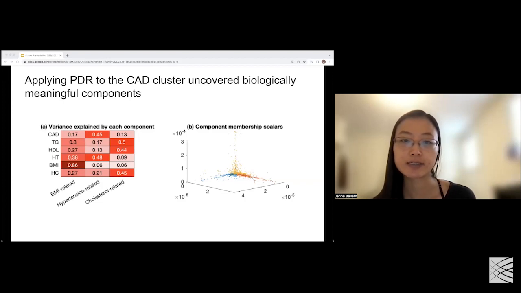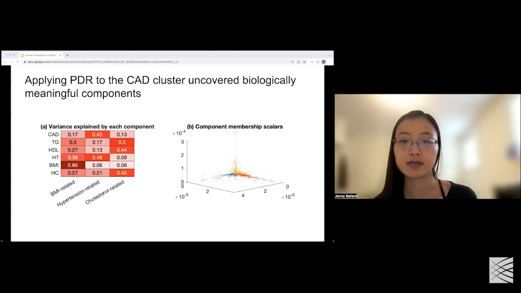The BMI-related SNPs explained a large proportion of BMI variance, and they also affect each of the other traits. The hypertension-related SNPs mainly affect CAD and hypertension, and the cholesterol-related SNPs mainly affect triglycerides, HDL, and high cholesterol. These clusters seem to make sense, indicating potential distinct mechanisms underlying CAD that are related to these 3 clusters.